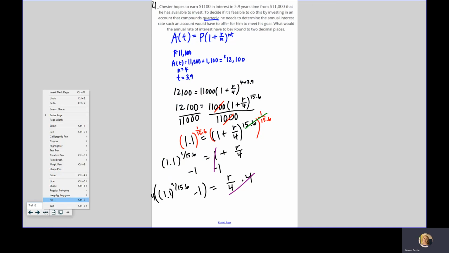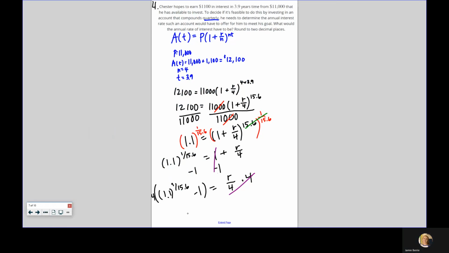So we're left with 4 times (1.1 raised to the 1 over 15.6 minus 1) equals r.